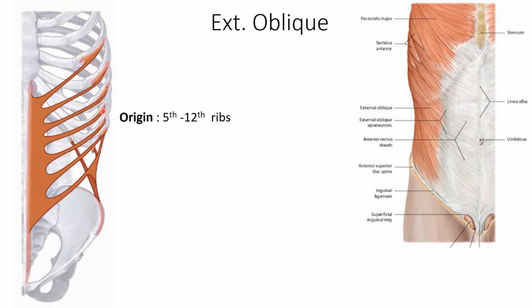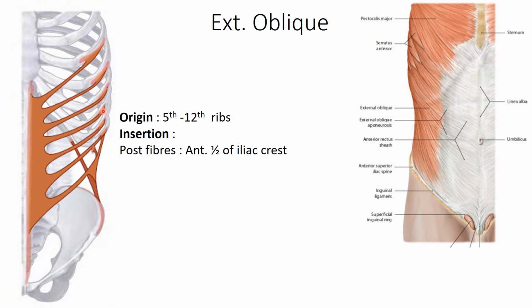One thing to be noted here is that none of the fibers originate from the thoracolumbar fascia, which we are going to discuss with the origin of the internal oblique and transversus abdominis.